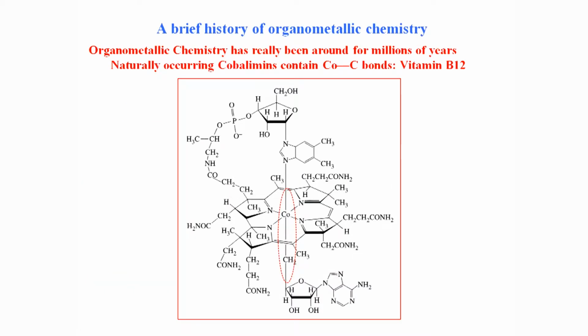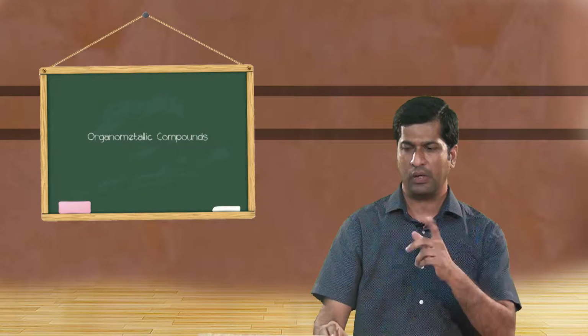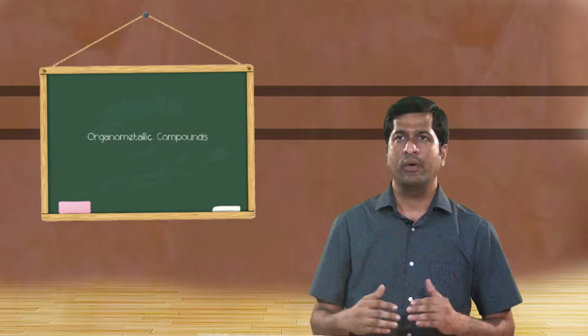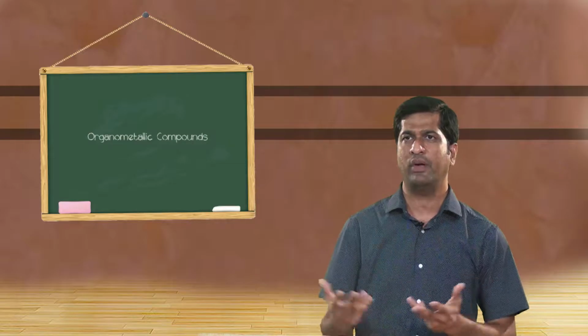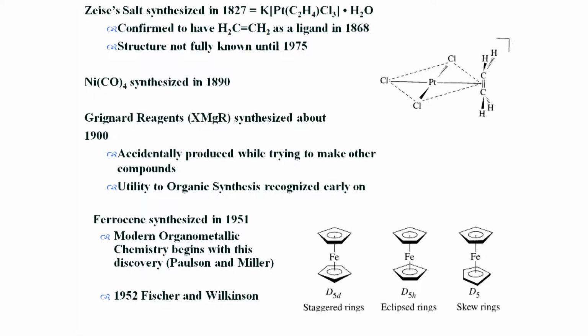Now, a brief history of organometallic chemistry. Organometallic chemistry has really been around for millions of years. For example, vitamin B12 is an organometallic compound. In that complex, a direct bond is there between carbon and the metal cobalt. Way back in 1827, Zeise synthesized the beautiful complex named Zeise's salt.